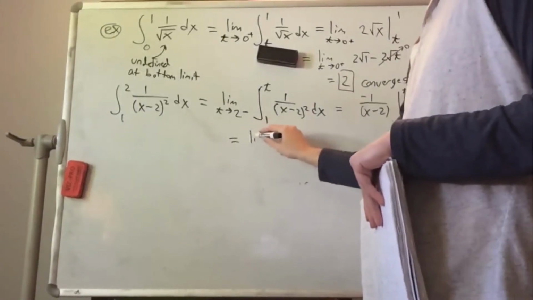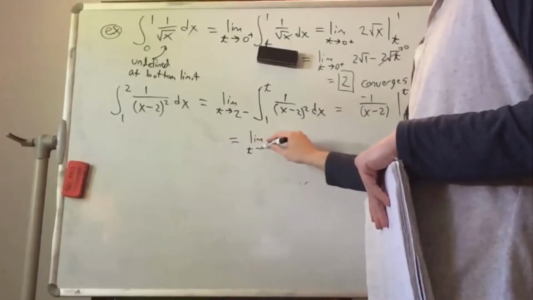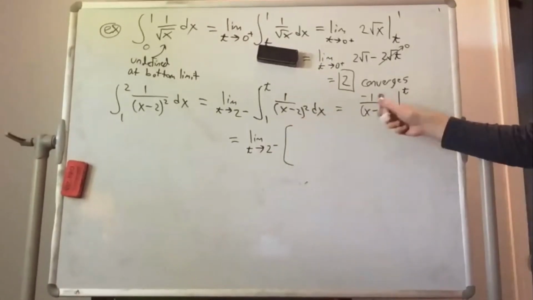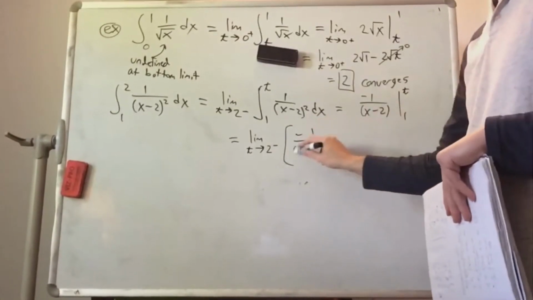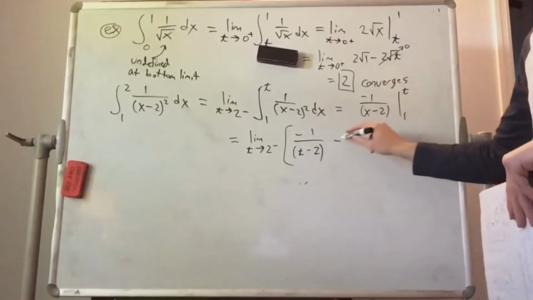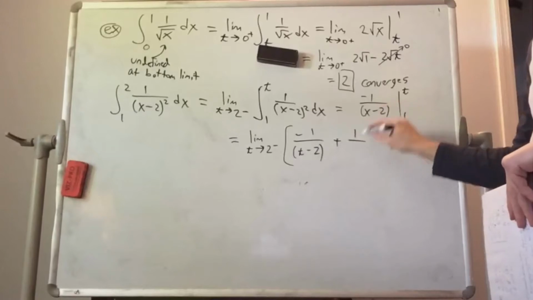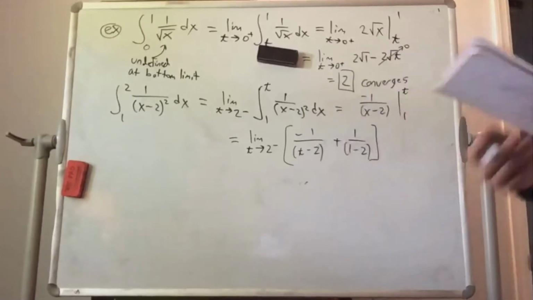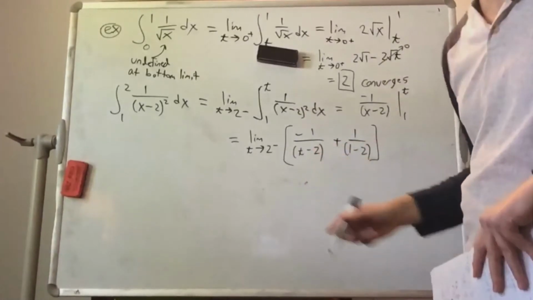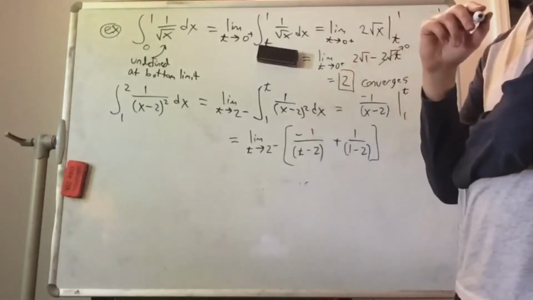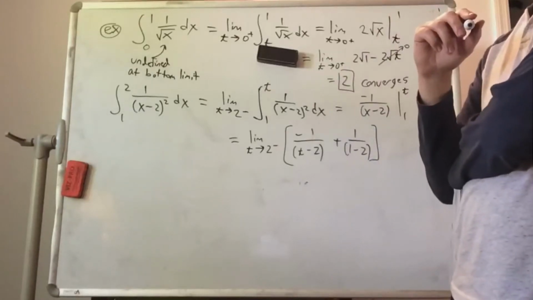I get a limit as t approaches 2 from the left of, plugging in t, negative 1 over t minus 2. Minus is a plus, 1 over 1 minus 2. And again, we have to be really careful here because of the evaluation as approaching 2 from the left-hand side.